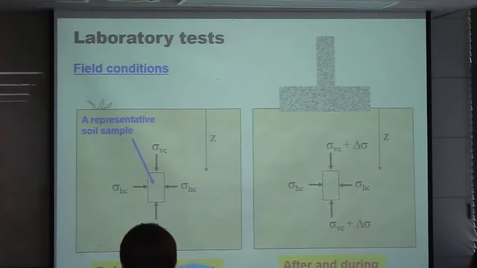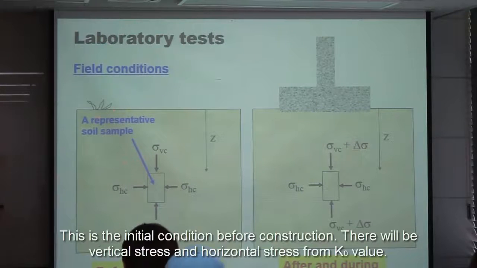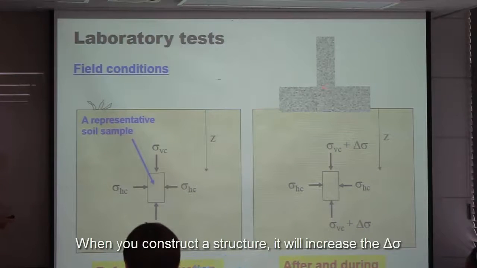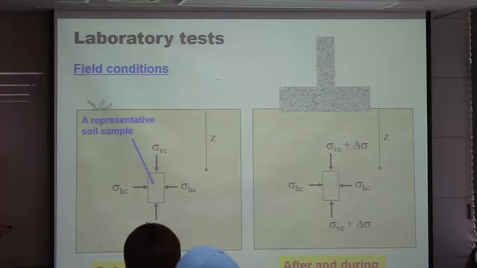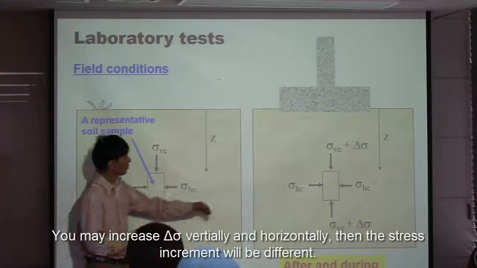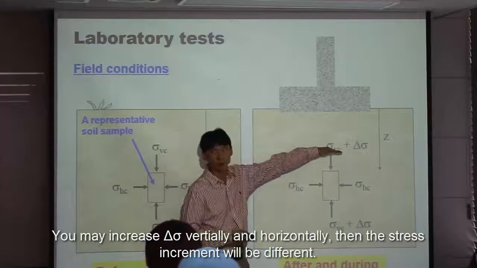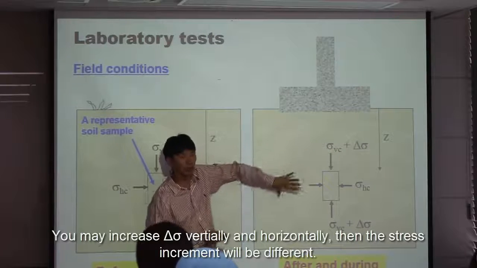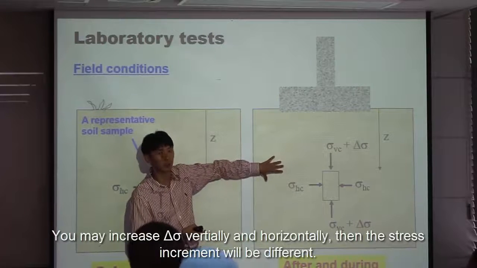When we look at the field condition, this is the initial condition before construction, and there will be a vertical stress from the overburden and the horizontal stress from K naught times sigma v. When you construct a structure, you will increase the stress by delta sigma, and you may increase it in both the horizontal and vertical directions, but the magnitude of the increment will be different.